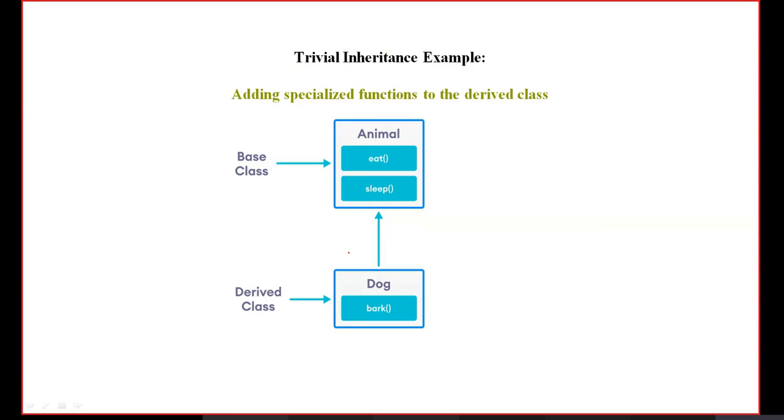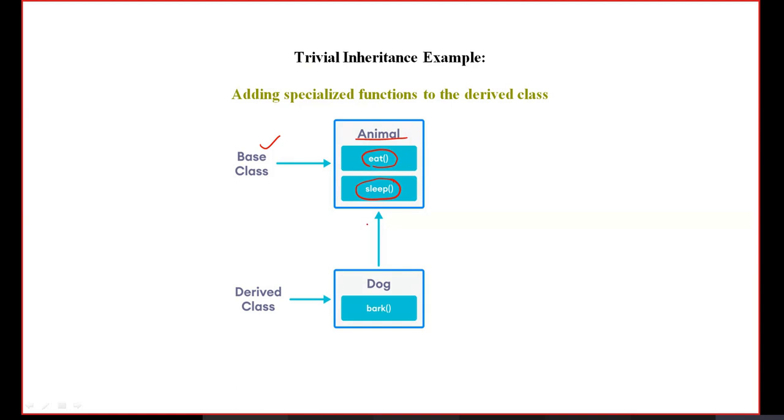Take an example of inheritance, that suppose we want to have a class animal. Now there are basic functionalities of every animal, that is eating and sleeping, right? So we form a base class called animal and we mention a few functions in it.